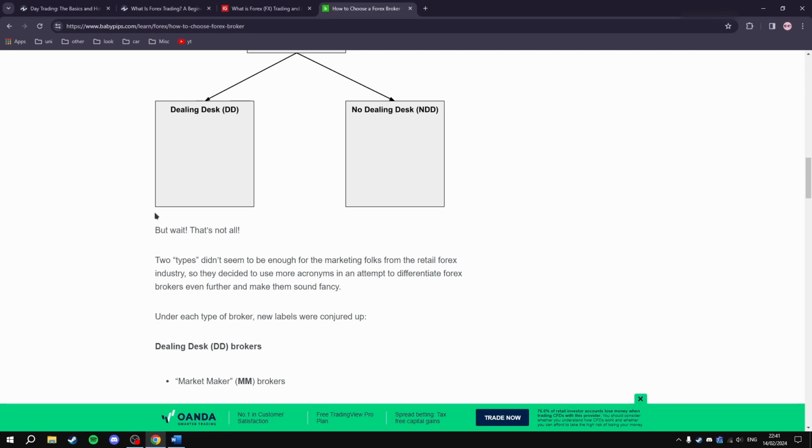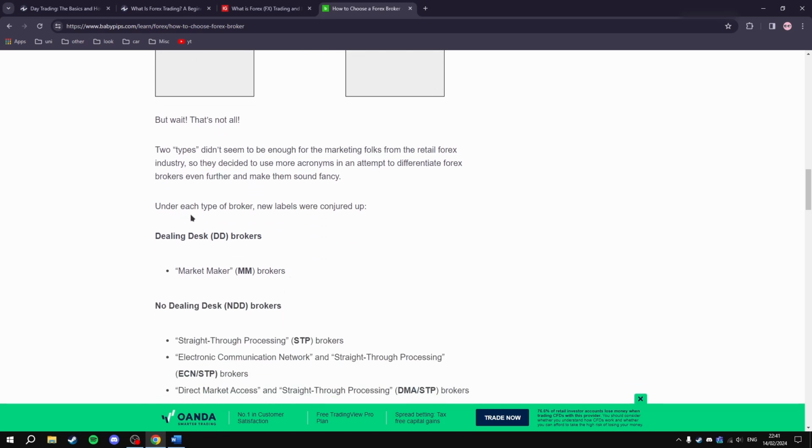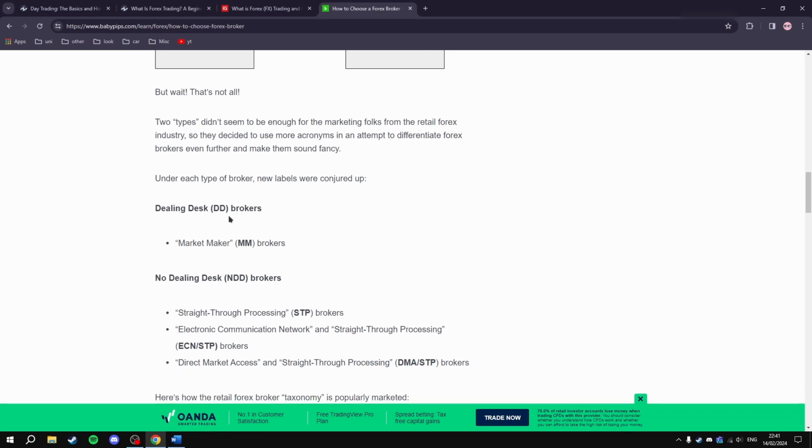Two types don't seem to be enough for the marketing folks from the retail forex industry, so they decided to use more acronyms in an attempt to differentiate forex brokers even further and make them sound fancy. Under each type of broker, new labels were conjured up. Under dealing desk brokers, market maker brokers.